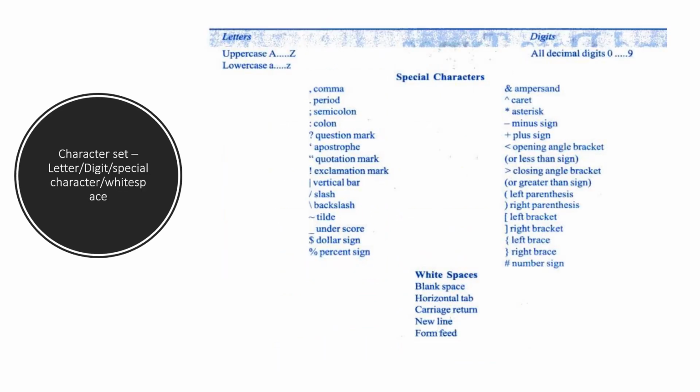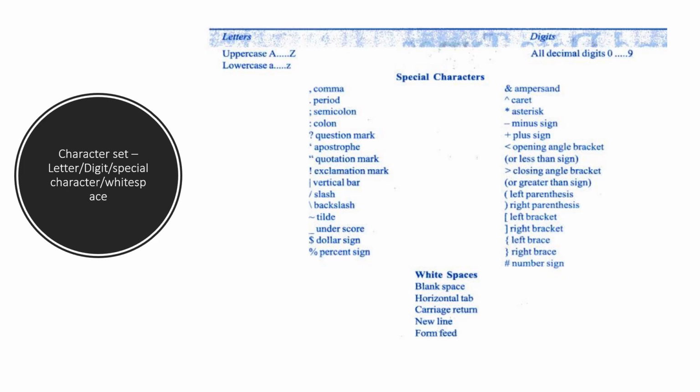We have the characters that can be used in C programming. The characters can be uppercase or lowercase letters, digits 0 to 9, and special characters with white spaces.